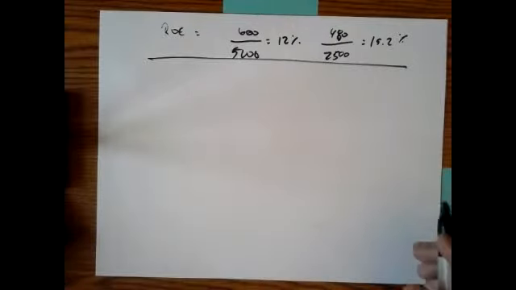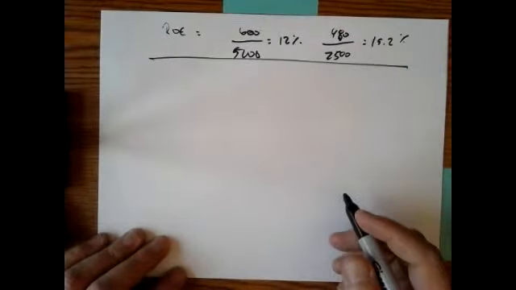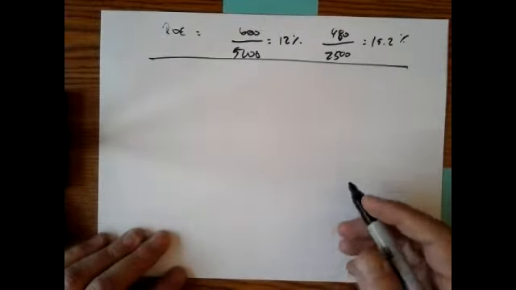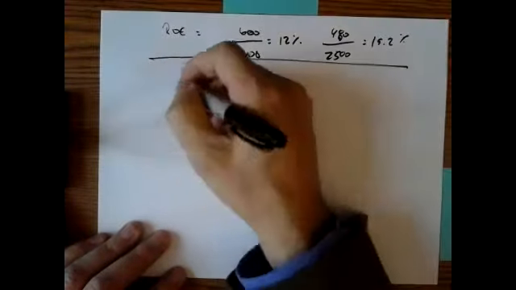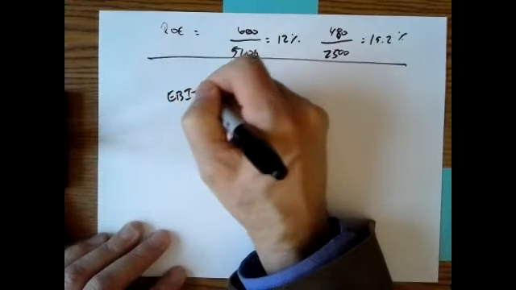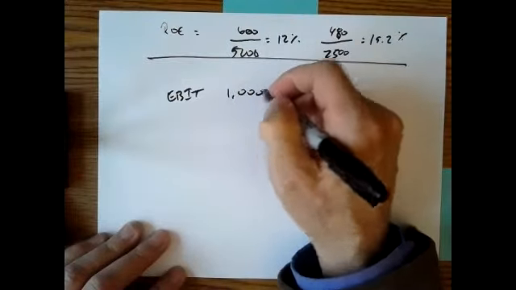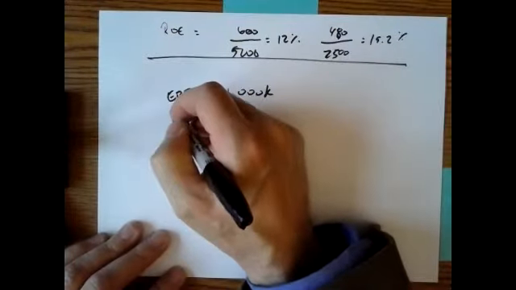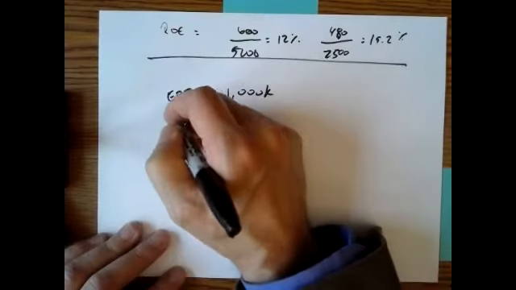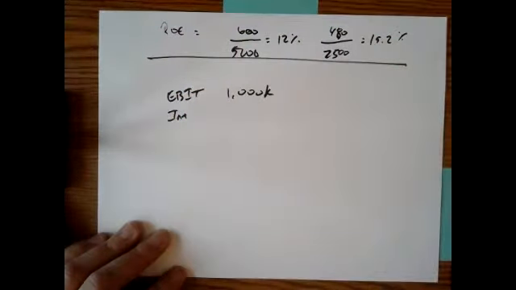So let's see. Part B says redo the analysis now, assuming that debt financing would cost 15%. So the 100% stock doesn't have any effect, but for our 50-50 financing, it'd be different. So the EBIT is still $1 million, right? Interest expense now is calculated at 15% of 2,500.